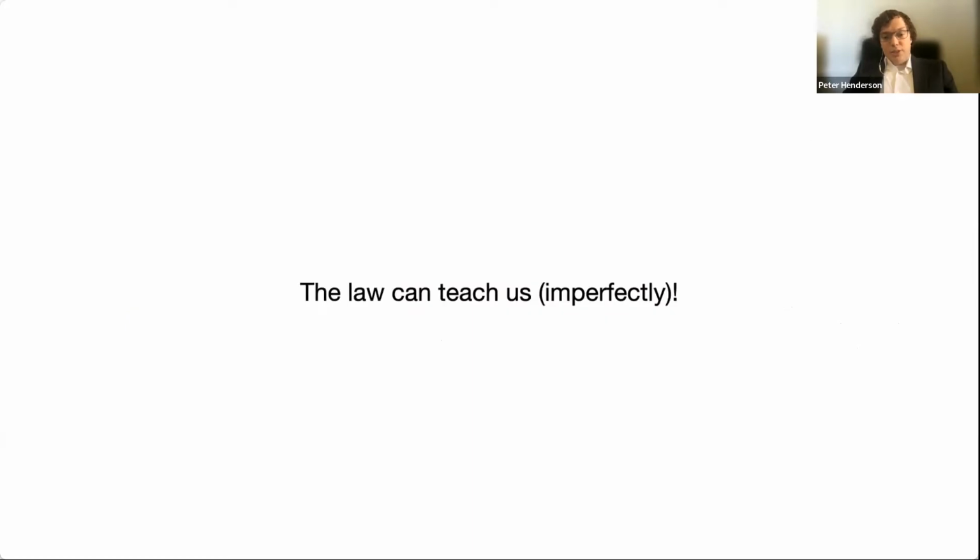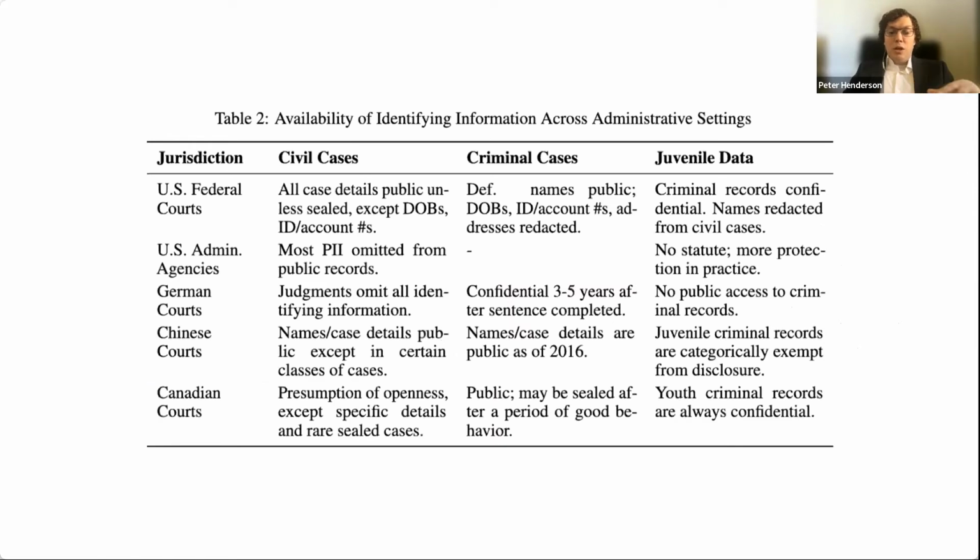And the law can actually teach us something, kind of imperfectly. So the law, across different court systems, we have a Canadian audience here, so I'll focus on the Canadian one. For example, youth criminal records are always confidential, right? In the US, there's sort of a baseline standard of you need to remove date of birth, social security numbers, addresses, things like that.